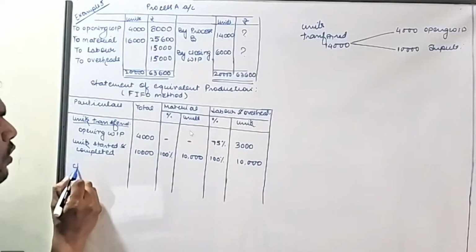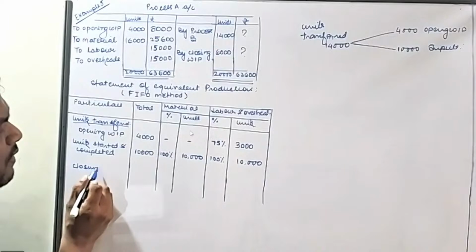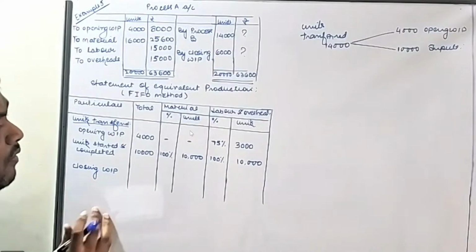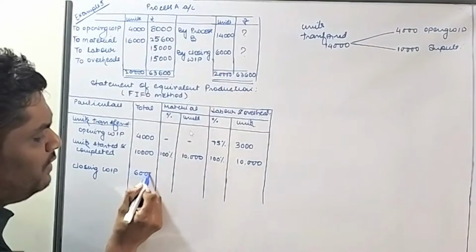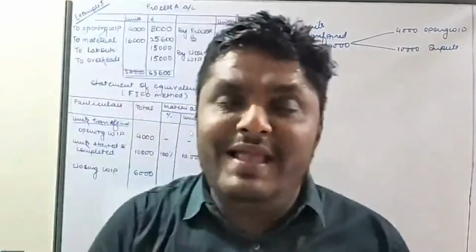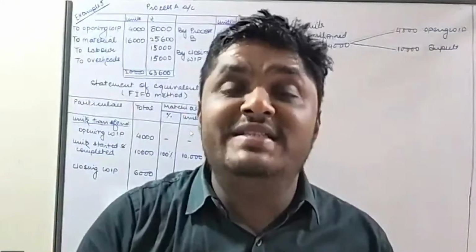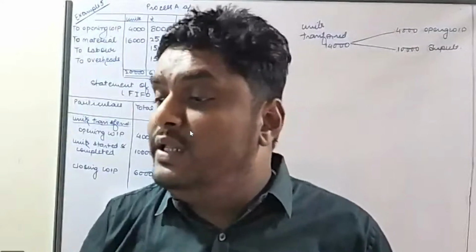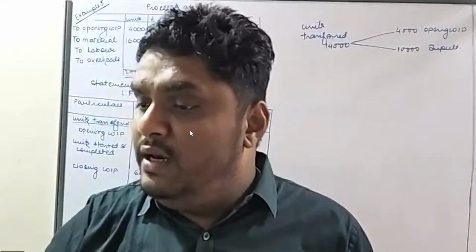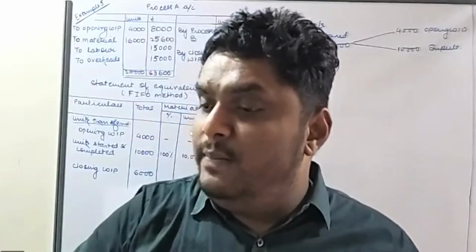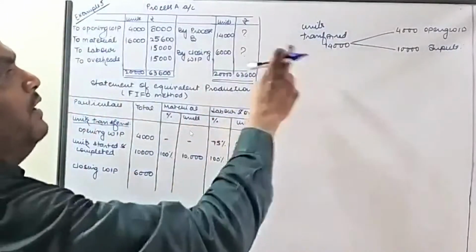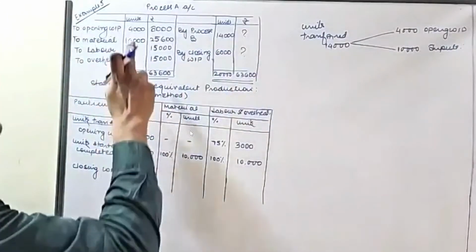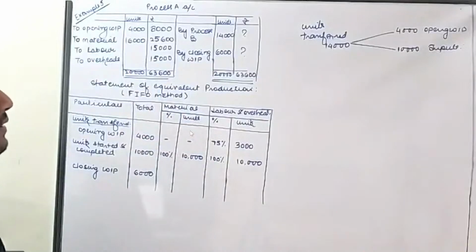Now, when talking about closing work in progress, there are 6,000 units and the work that is completed represents the work that is done during the year. So herein, in respect of closing work in progress, 100%. See, these 6,000 units are from what? The inputs that are made during the year, that is 16,000 units.